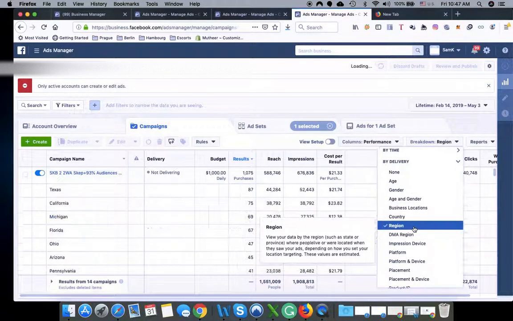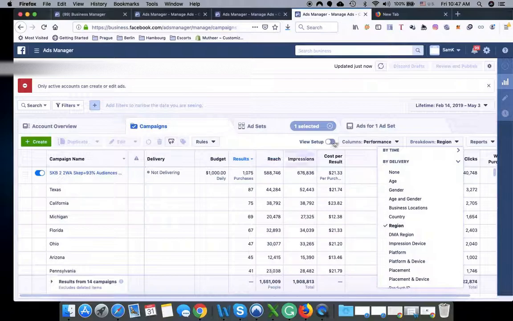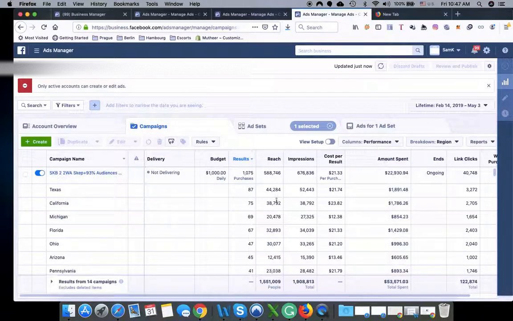Going back to this ad account. Region is an awesome one. It simply tells you about the states within that country. So again, look at this here. Texas, 87 purchases at 21. That's not too shabby. Oh, Michigan, 69. 12 bucks, man. I would focus on Michigan here.